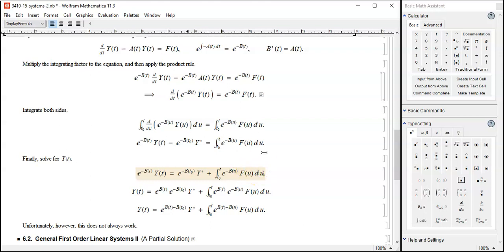Okay, sorry. Same as this, except this one flipped over here. Okay, alright, so far so good.